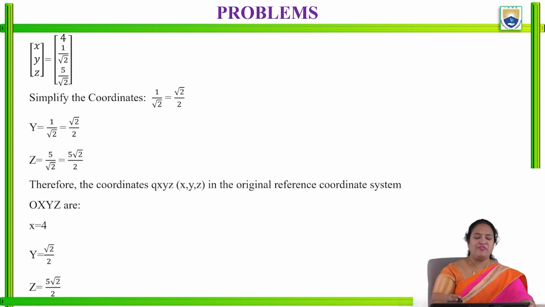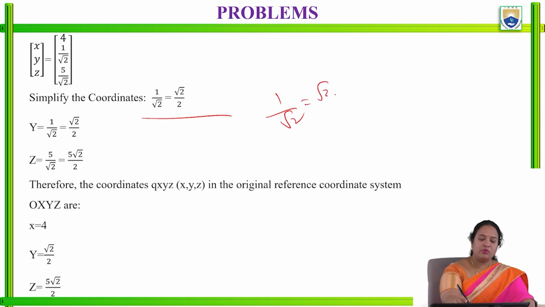So what we are getting finally, x, y, z is equal to 4, 1 by root 2 and 5 by root 2. When we need to simplify these coordinates, we write 1 by root 2 as root 2 by 2.